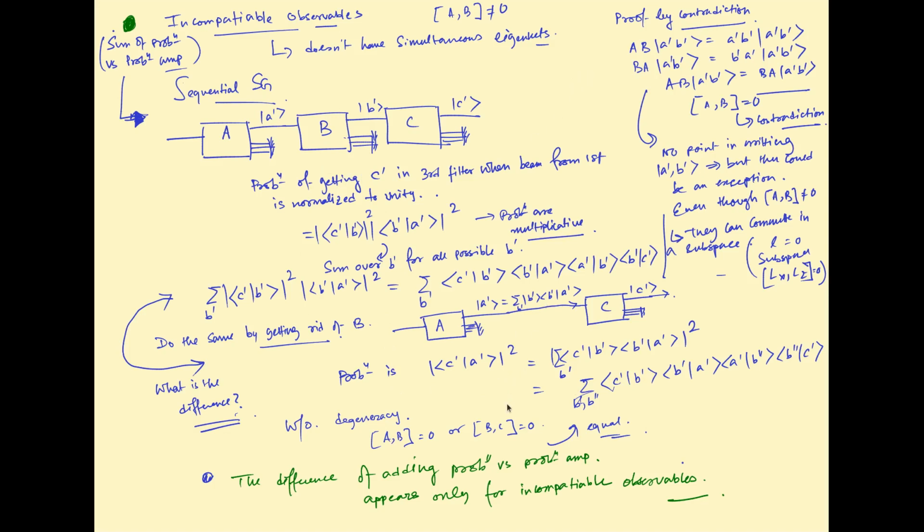Now, you can show very simply that these two different cases become the same if these two operators, A and B, are commuting operators, which means these states are eigenstates of both of them.